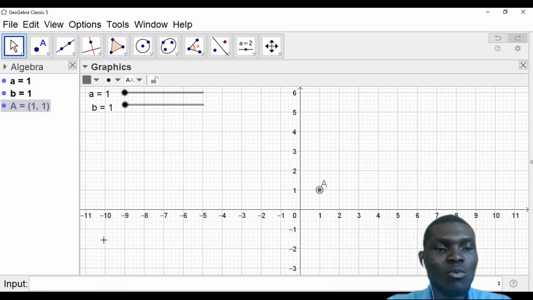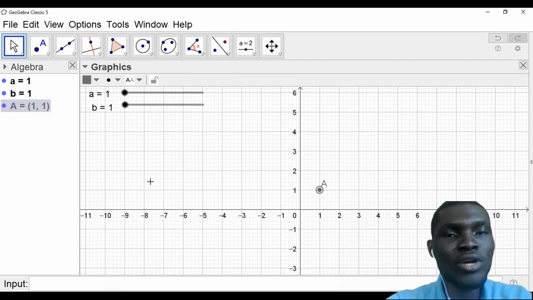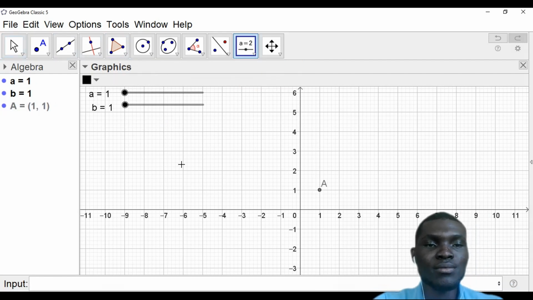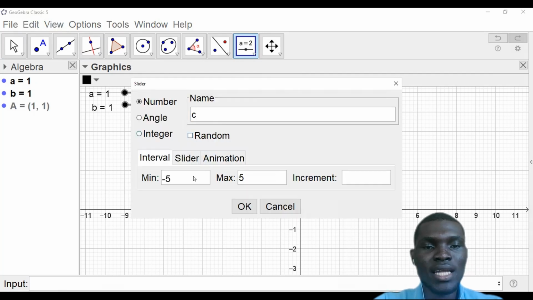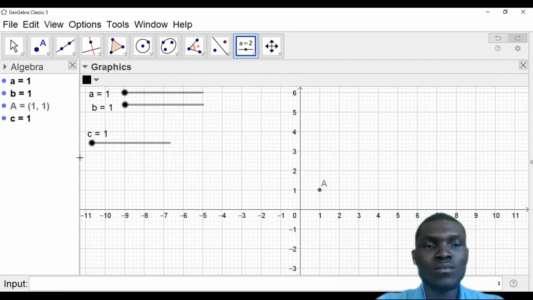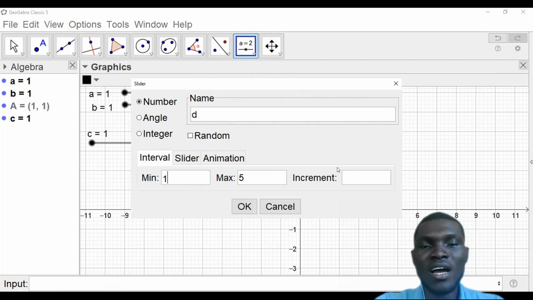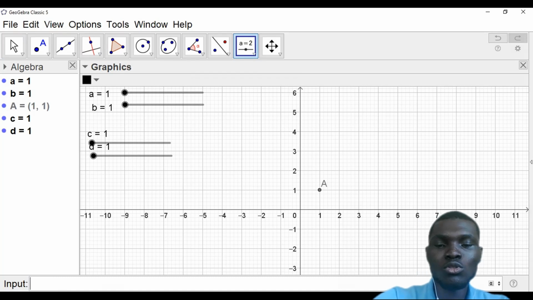Good. So I'm going to use these same sliders to create two different points in addition. So my slider C from 1 to 5 with an increment of 0.01, and another slider D from 1 to 5 with an increment of 0.01. And I'm going to use these two to create a point.